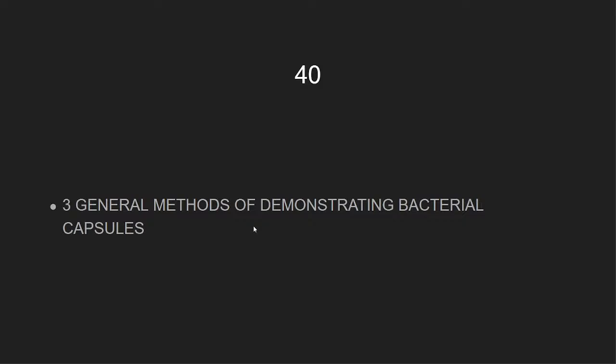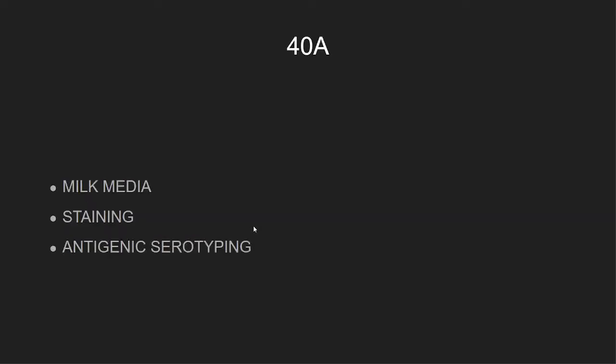An example of this is the Neufeld-Kealing test, or the capsular swelling test. So those are the three methodologies that we can use to demonstrate capsular structures in an organism.